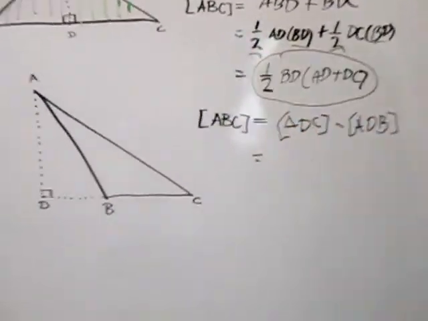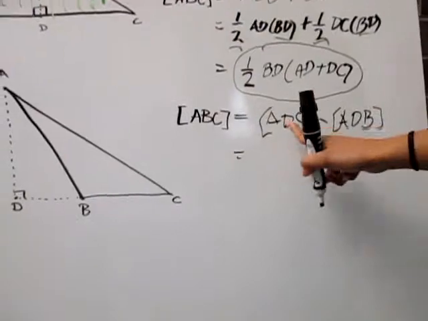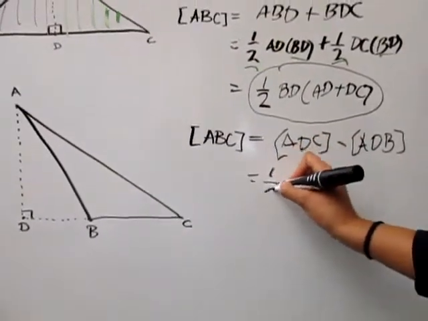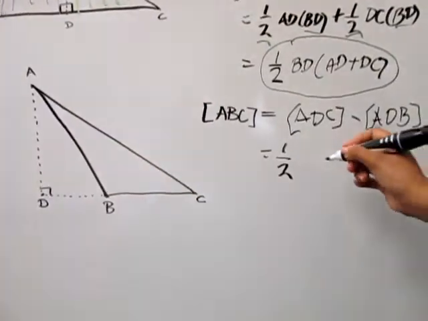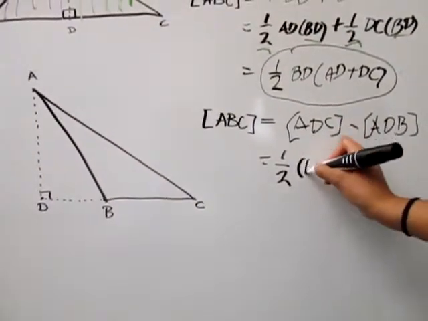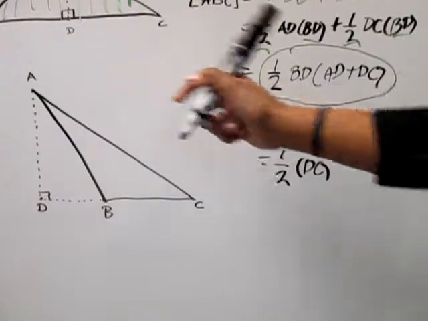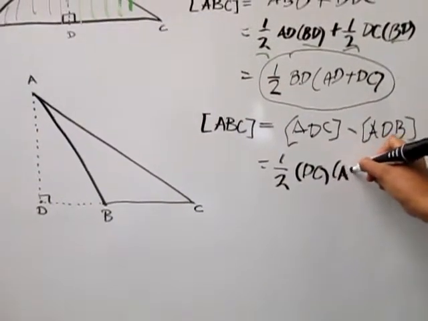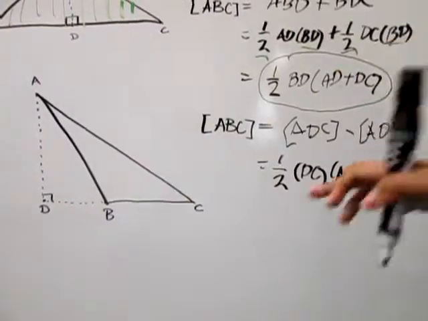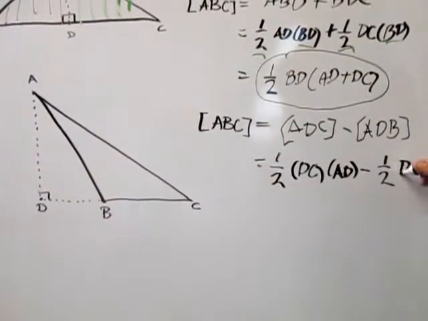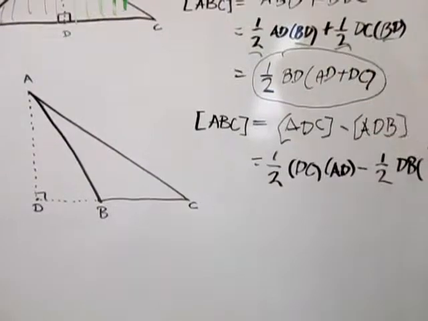Okay, and then from here we could say that ADC is 1/2 the base of this thing, which is DC, times its height, which we know is AD, minus 1/2 of the base of this one, DB, times the height, AD.